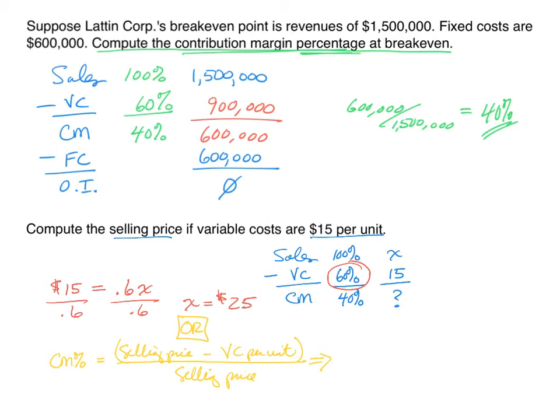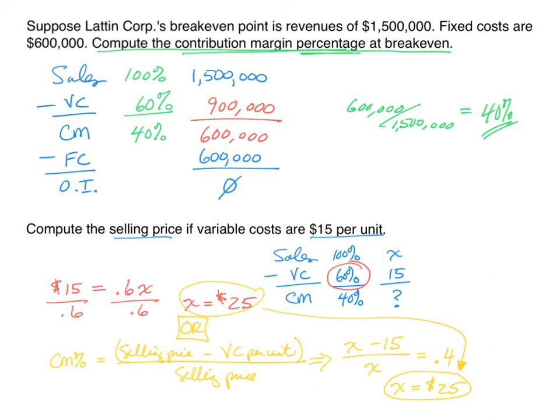So that gives us a new equation of X, because that's the selling price, that's what we're looking for, minus 15, that's our variable cost per unit, divided by the selling price of X, and all that's equal to the contribution margin percent, which we know is 40%. Again, we're just going to solve for X. We'll multiply both sides by X, and then add 15 to both sides to get X on one side by itself. So in this case, X is also $25. So we get the exact same answer here.